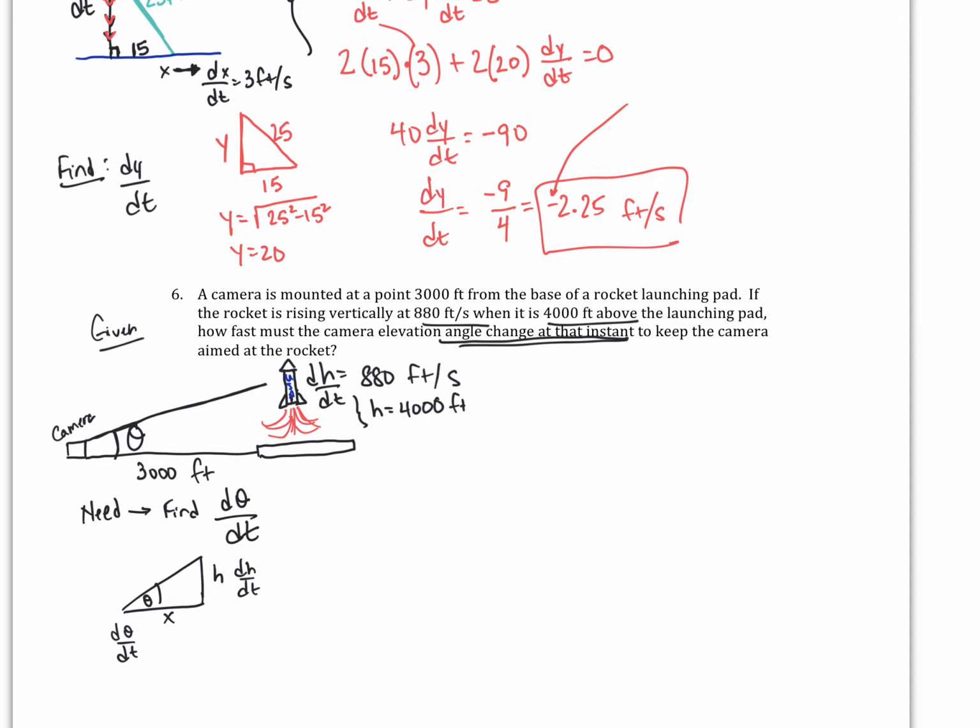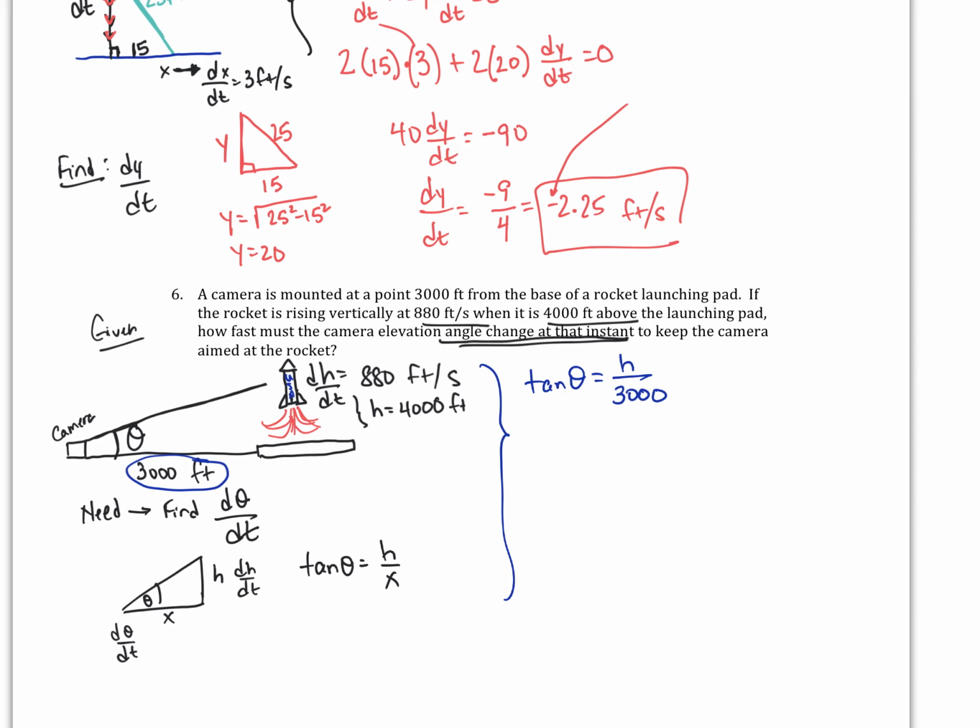The tangent. So the tangent of theta equals h over x. But guess what? x is a constant, so I could go ahead and plug it in. I know the tangent of theta will be h over 3,000 because this is a constant.